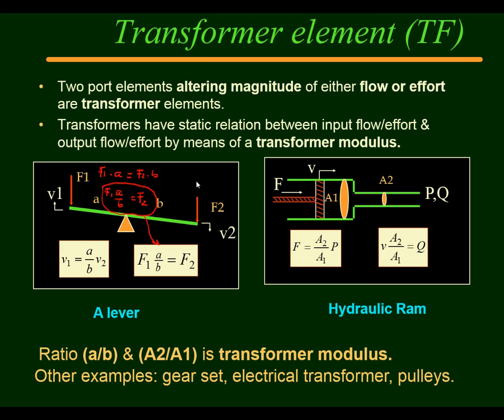This is another kind, so you could write it like this. You have a transformer here, and on this side you have F1, and then you have A, and then you have this F2. But the modulus of this is going to be A over B.